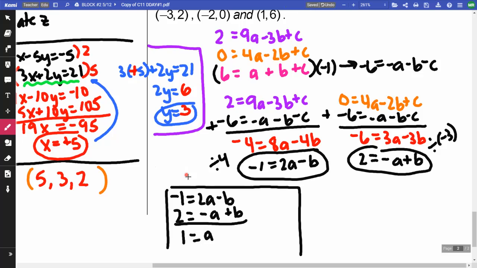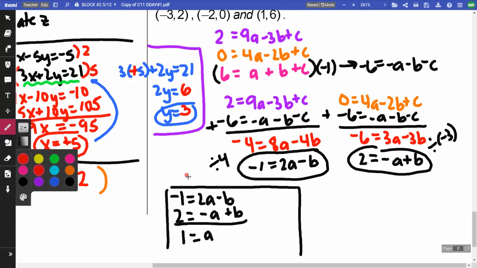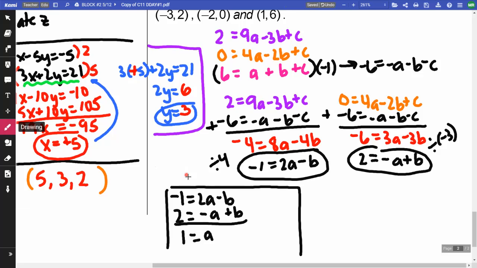So I got my A. So now I'm going to take that A and put it into either of the equations right up here. So if I'm going to find B, I think I'm going to put it into this one. So I'm going to be working out 2 is equal to -A, so that's a -1 plus B. I'm going to add 1 to both sides, so I get my B is 3.